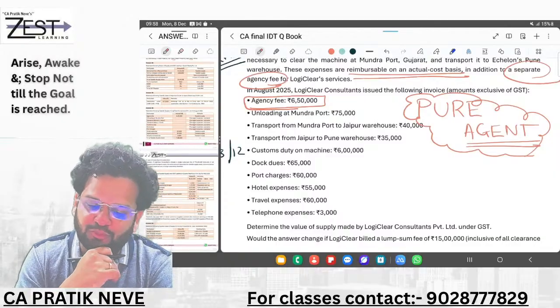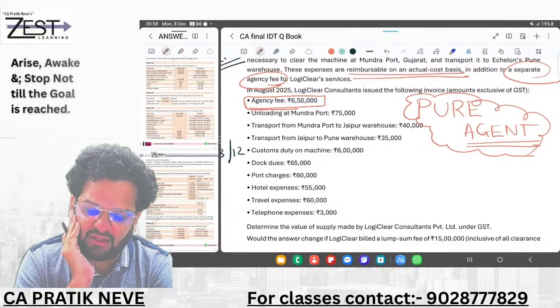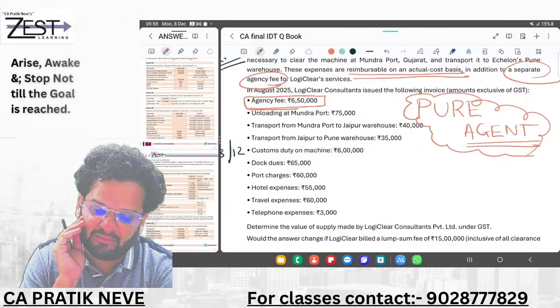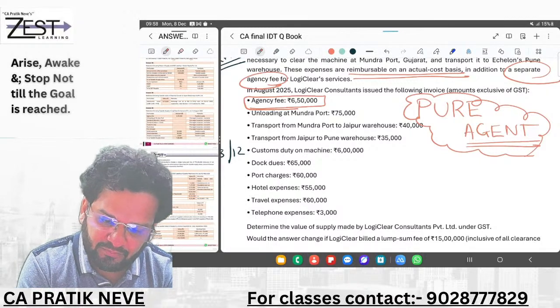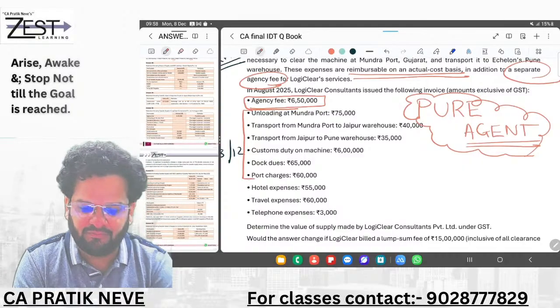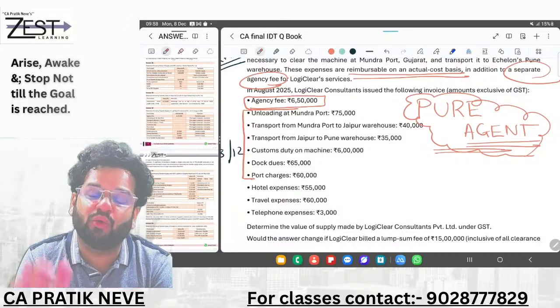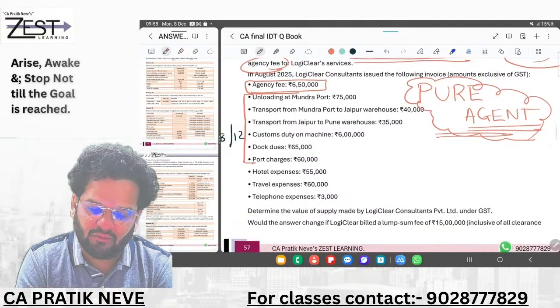Transport from Jaipur to Pune warehouse, same thing. Custom duty, same thing. Dock dues, same thing. Port charges, same thing. So basically, from this point to this point, it is incurred as a pure agent. So it will be excluded while calculating value.